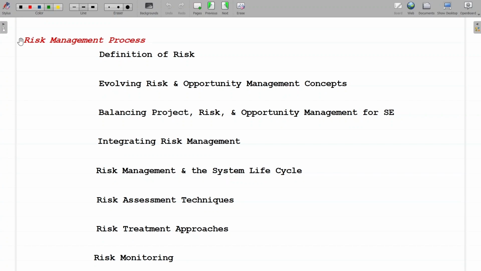Risk management is most successful when risk-based thinking is embraced and integrated into the culture. All personnel are responsible for identifying risks early and continuously throughout the project lifecycle.